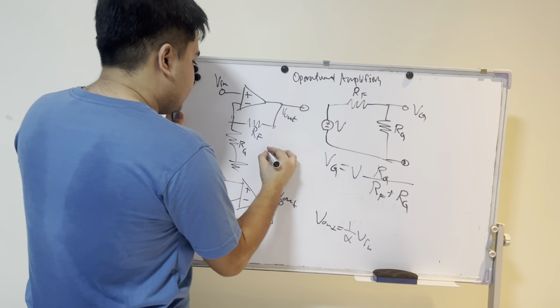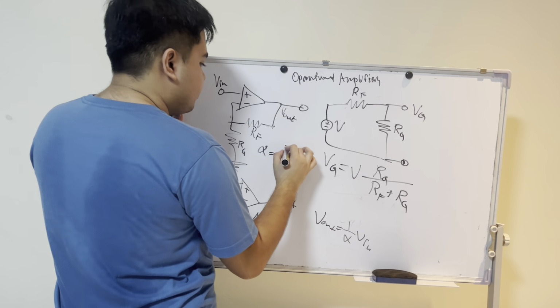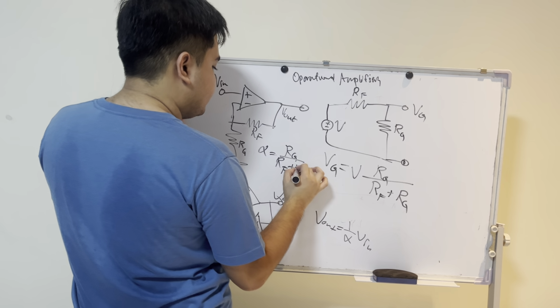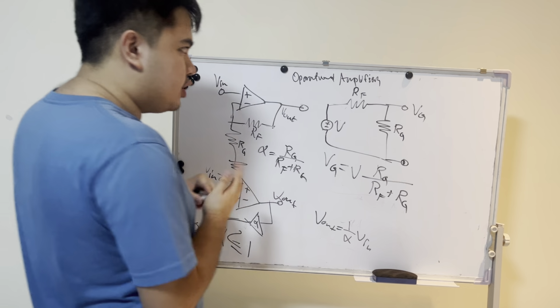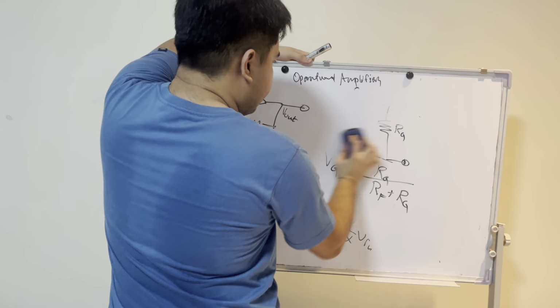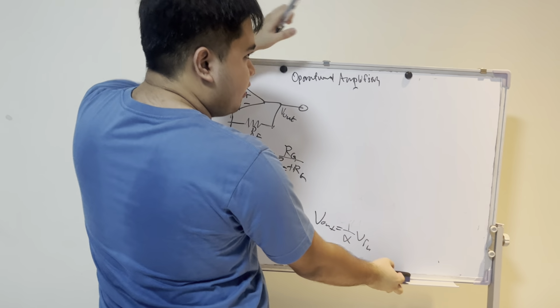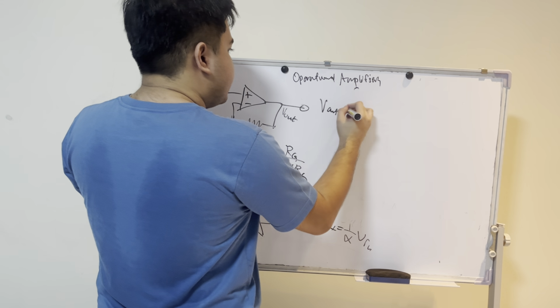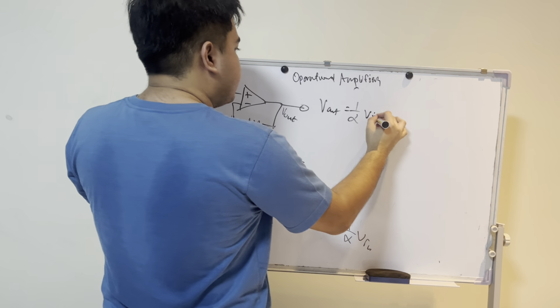So let's just put the alpha here as a known value now: RG over RF plus RG. And we know the output voltage of this configuration to be 1 over alpha V in. Right? So V out is 1 over alpha V in.